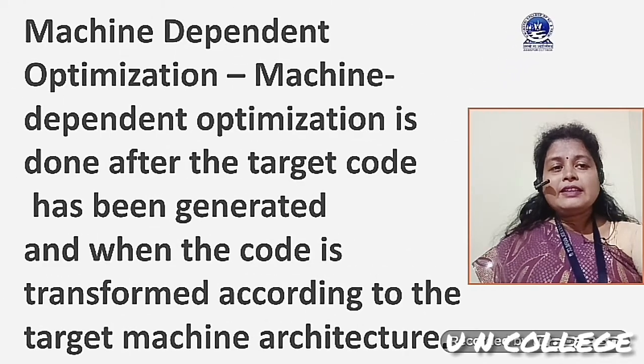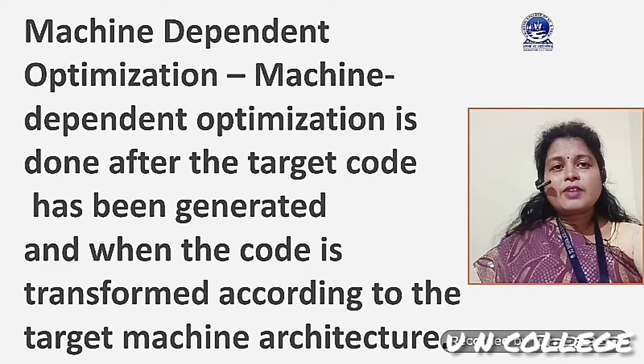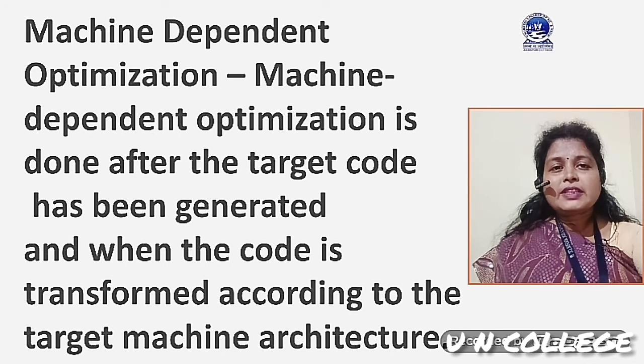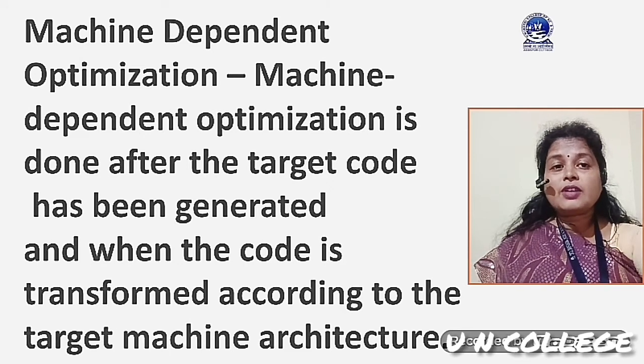Then we will talk about the meaning of machine dependent code optimization. Machine dependent code optimization is done after the target code has been generated, when the code is transformed according to the target machine architecture.